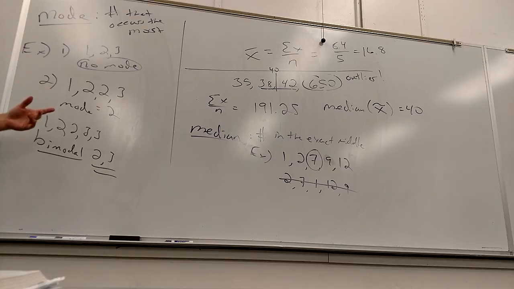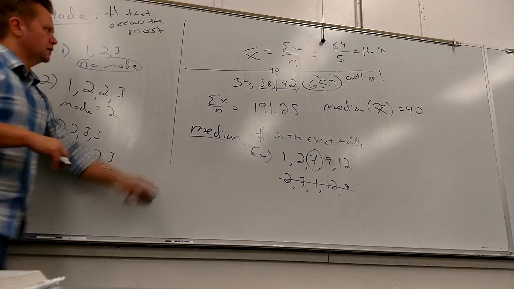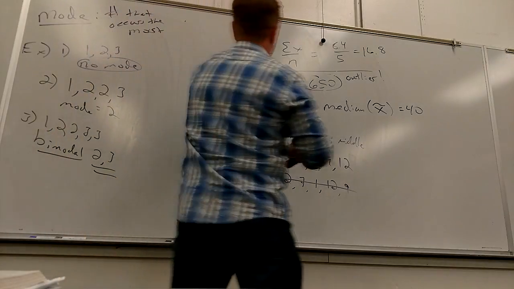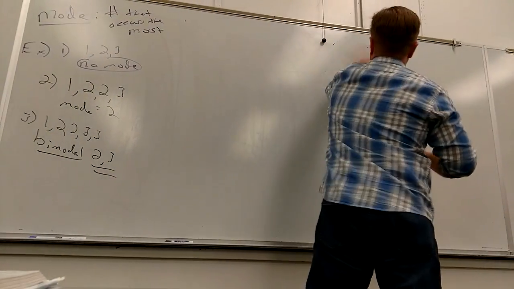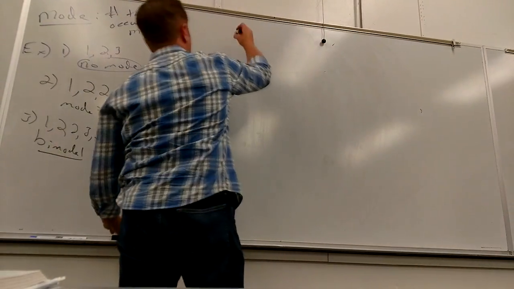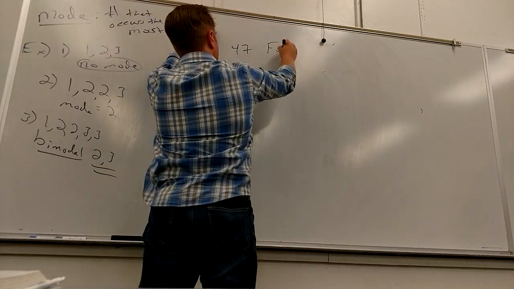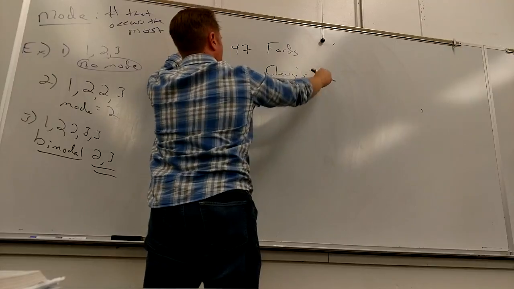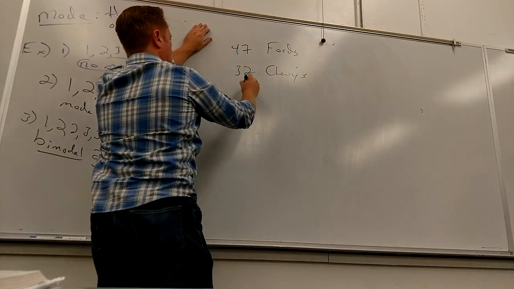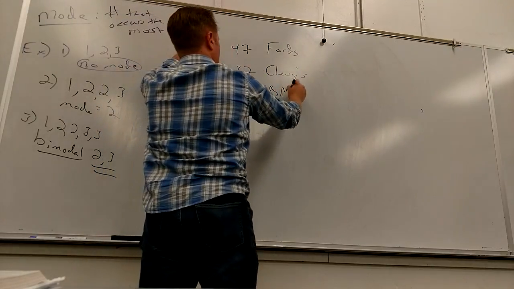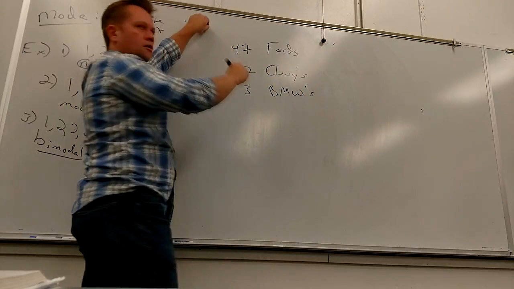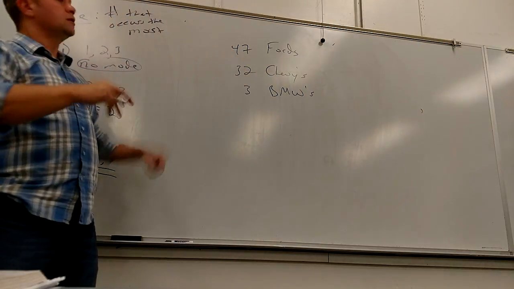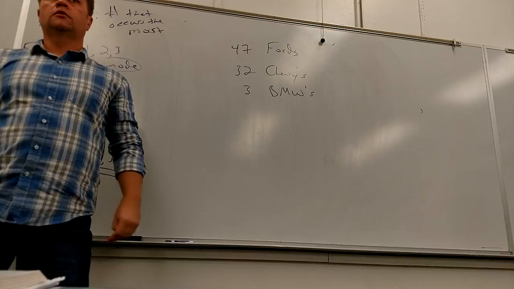How are we doing? So let me show you an example of that. Let's say I go out to the parking lot and I see 47 Fords, 32 Chevys, and 3 BMWs. What's the mode? Ford.